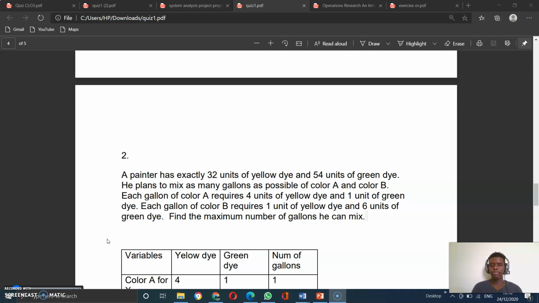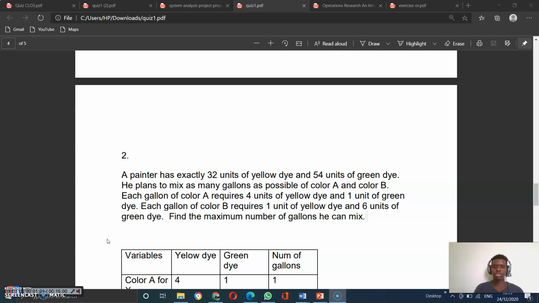Each gallon of color B requires 1 unit of yellow dye and 6 units of green dye. The question says find the maximum number of gallons he can mix.